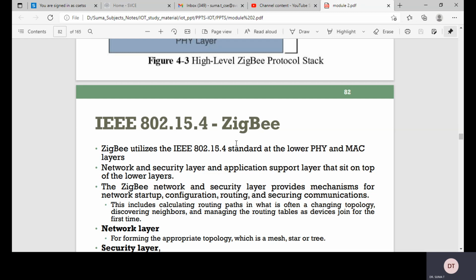So whatever we discussed in the diagram, the ZigBee network and security layer provides mechanisms for network setup, configuration, routing and security communications, which includes calculating the routing paths in what is often a changing topology, discovering neighbors and managing the routing tables during this time. ZigBee also uses Ad hoc On-demand Distance Vector, in short AODV, routing across a mesh network.